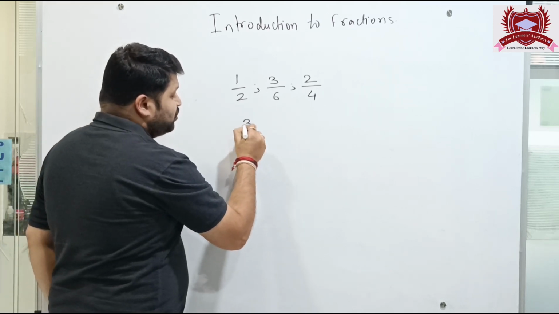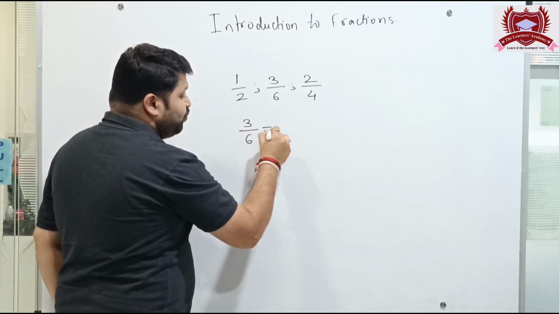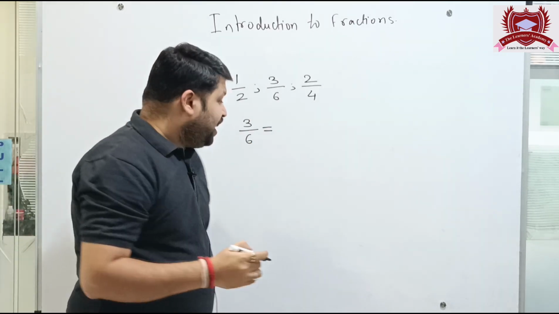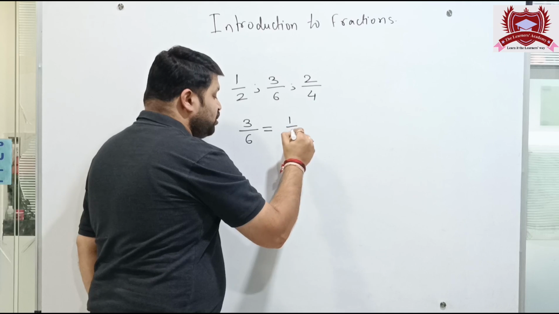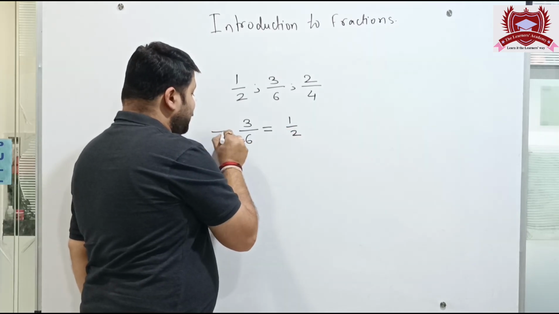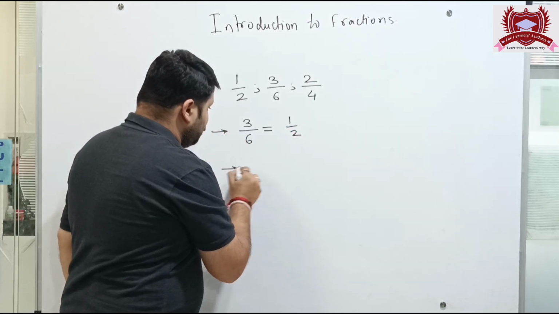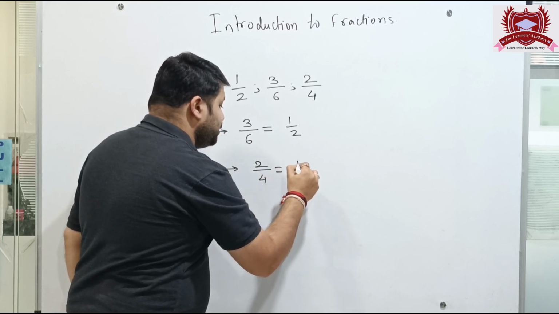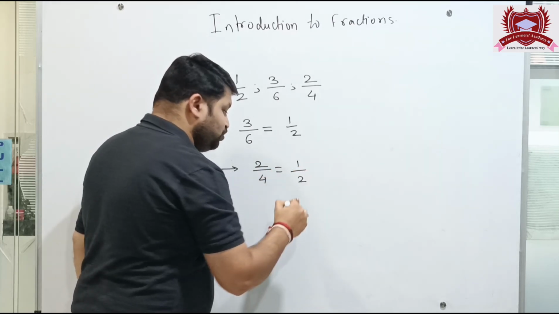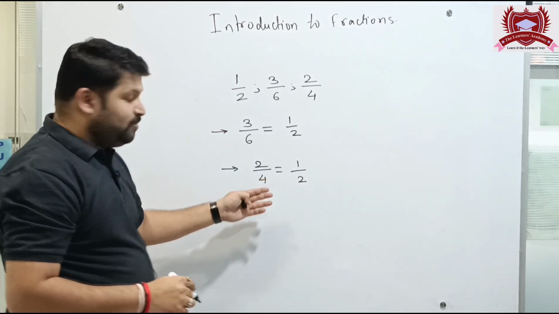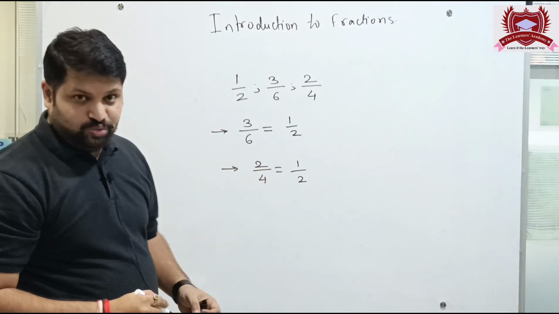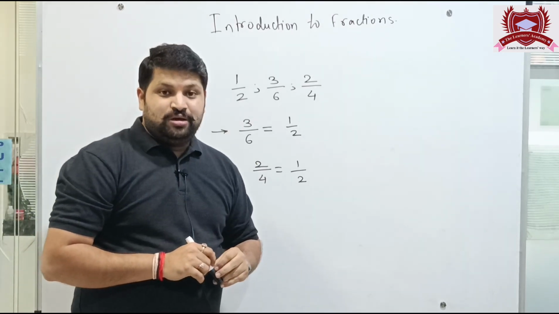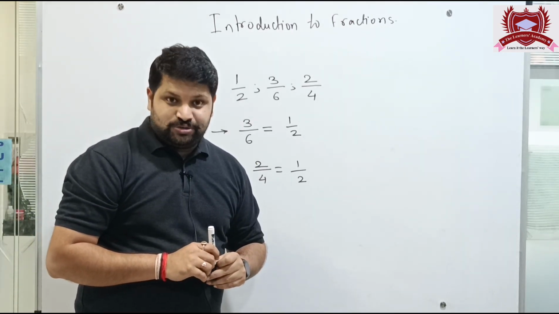So 3 upon 6, I can divide the numerator and the denominator by 3 and get the answer as 1 upon 2. In the second case, I can divide the numerator and the denominator by 2 and get my answer as 1 by 2. So these two would be considered as equivalent fractions.